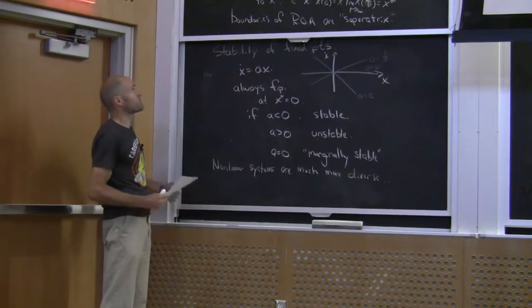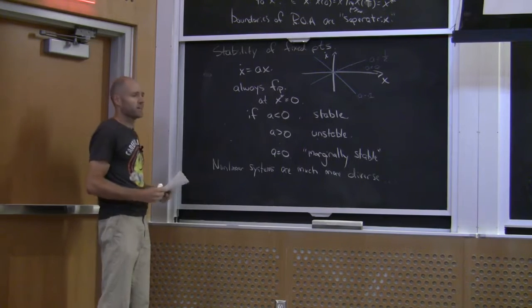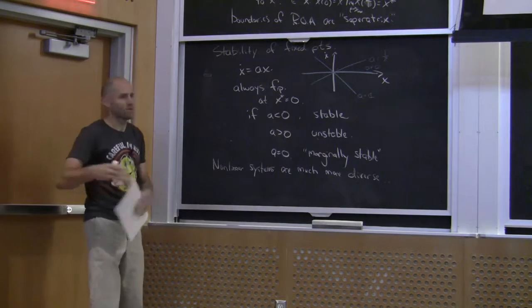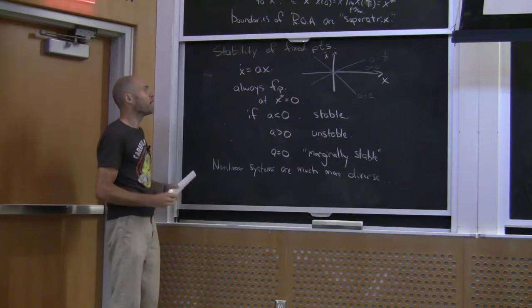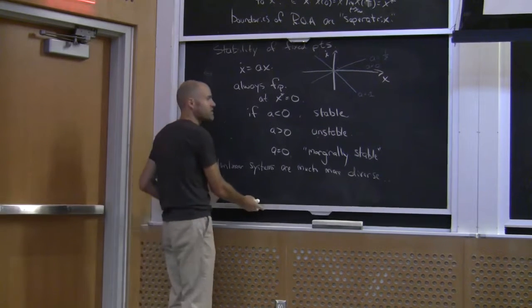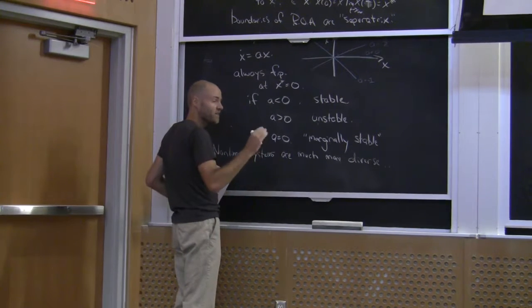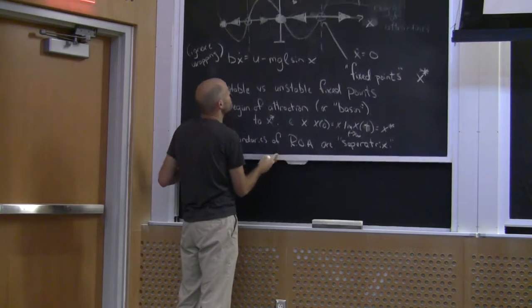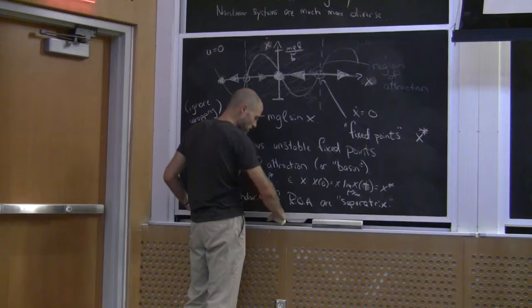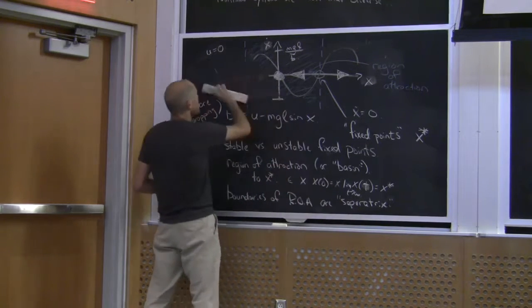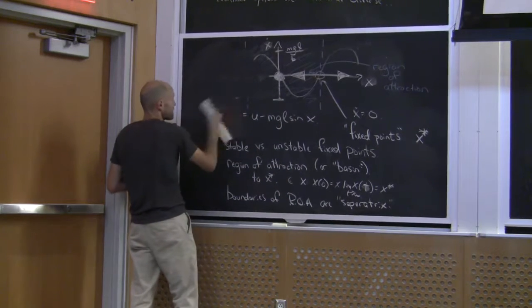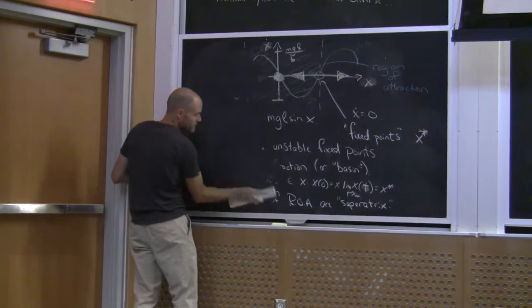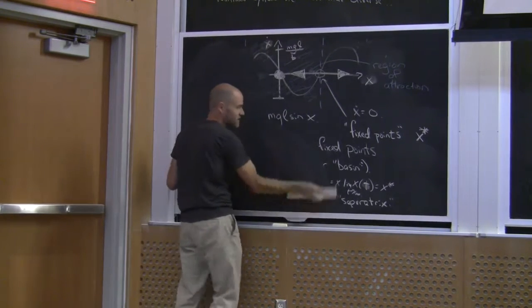I mean, you could have systems that are stable from one side and unstable from the other side. You can have systems that are stable by some definitions of stability, but not by all definitions of stability. So let's be a little bit more careful about nonlinear stability. Saying stable or unstable is not enough.